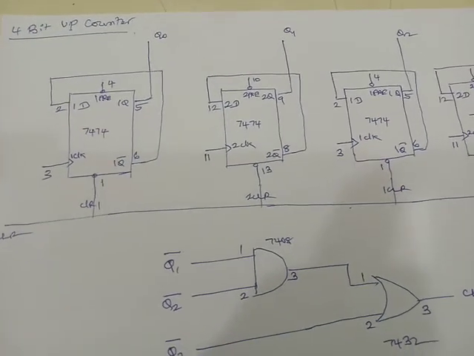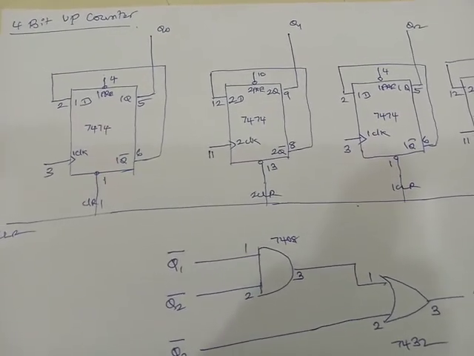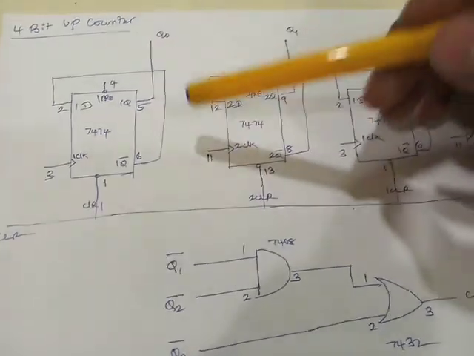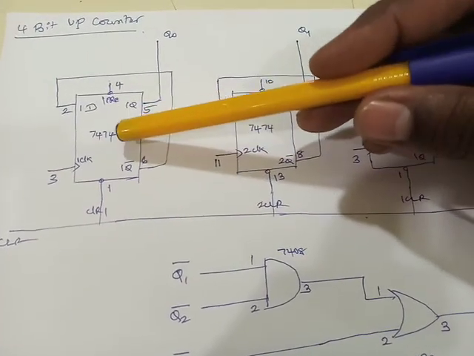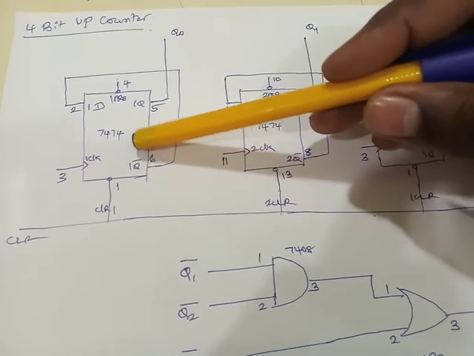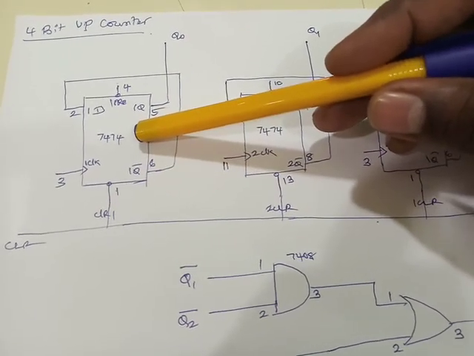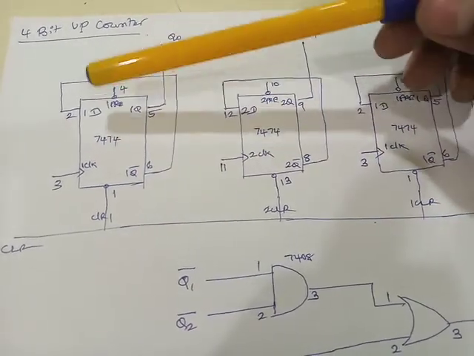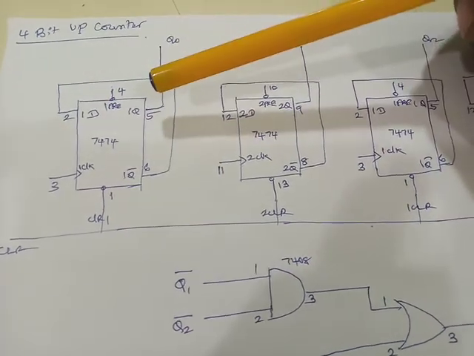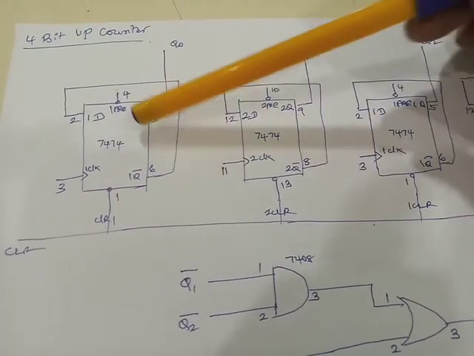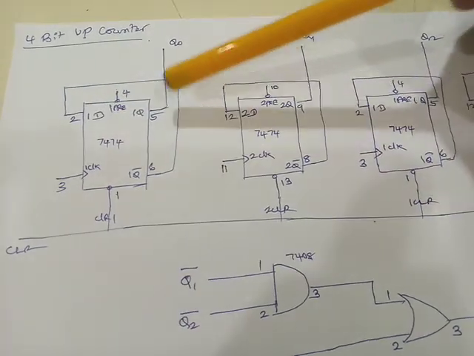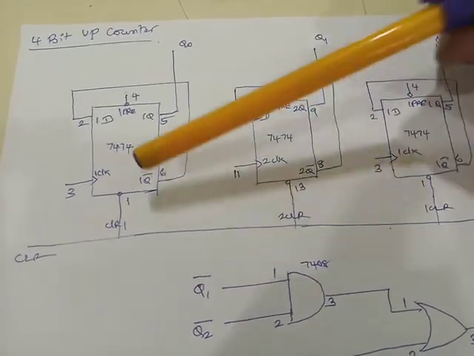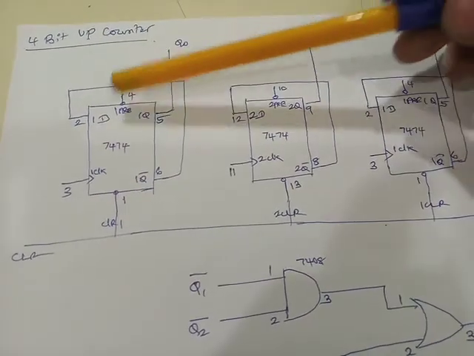Now, how can we rig up the 4-bit up counter using D flip-flops? Here the 7474 is the D flip-flop IC. In one IC we have 2 flip-flops.